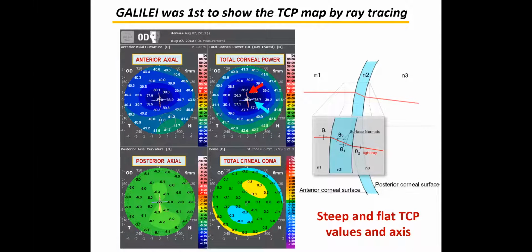Curvature maps made the Galilei the first to show the total corneal power map by ray tracing. In this case, after a refractive surgery. What we have to use to calculate the IOLs after refractive surgery is the total corneal power data and not the anterior, or the simple addition of anterior and posterior data.